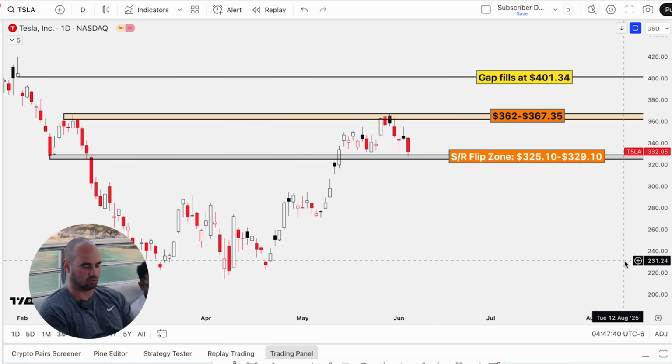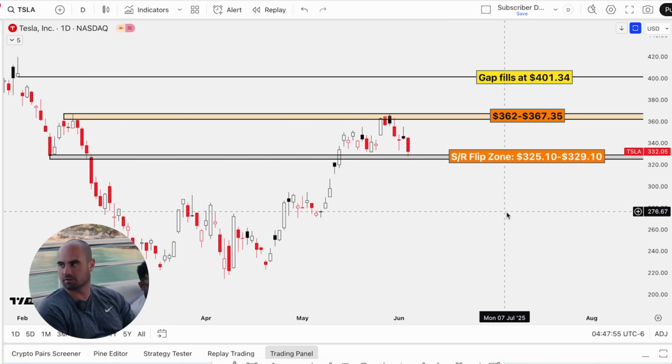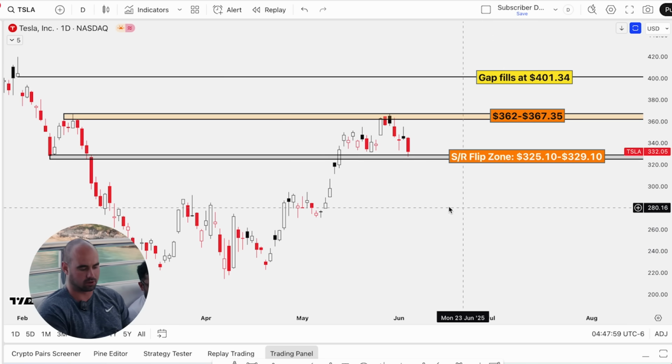What I will say is there's really no edge right now at all, unless you're a range bound trader. You got Tesla come down. The 100, 200 sitting at 310. That's the number I see it going down to. I'm just using this pivot, so previous support is flipped to resistance here. It's back to support.